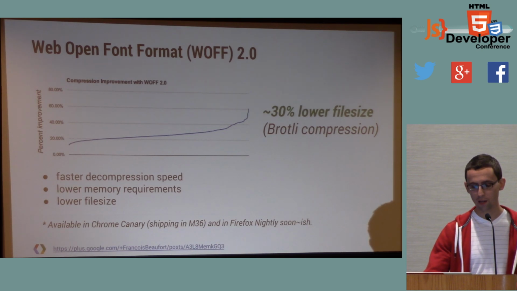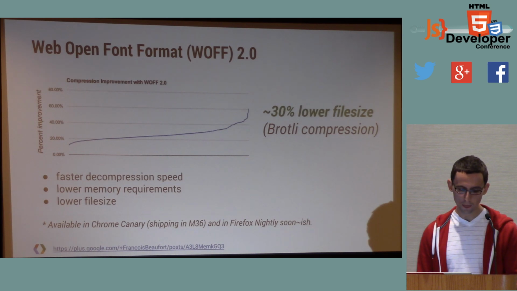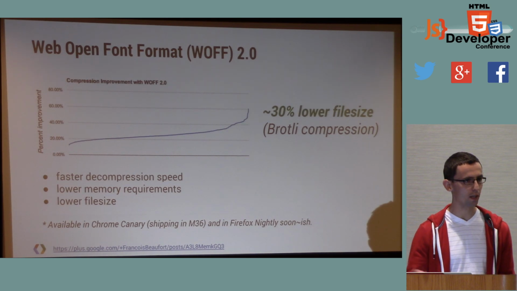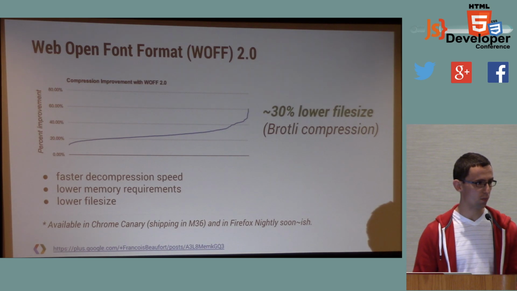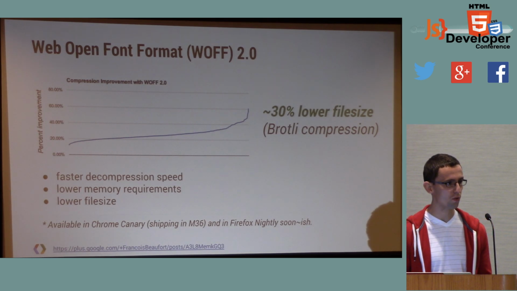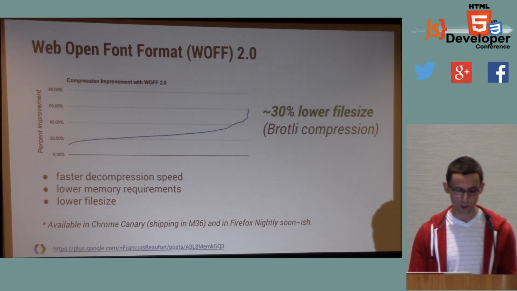This data has been gathered for the Google Web Fonts, and we're already in the process of deploying that and making it available. There's a bunch of other benefits, things like faster decompression speed, which is actually a big deal for large fonts, 1 megabyte and over, and also just lower file size.